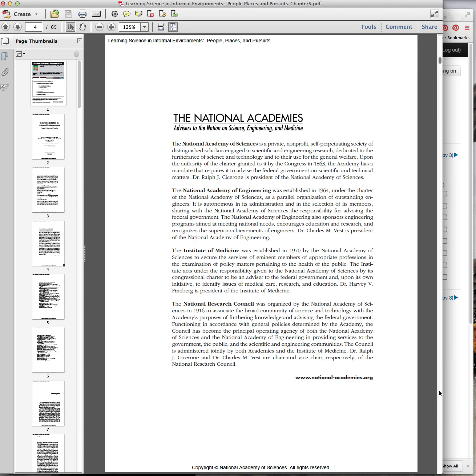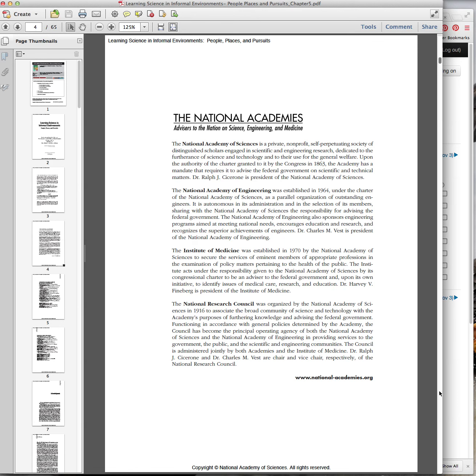So you're going to read through here. You're going to skip ahead, and you're going to read here. This is how they're defining their outcomes, how to determine whether and how learning occurs. And then they're going to introduce this idea of strands of science learning.